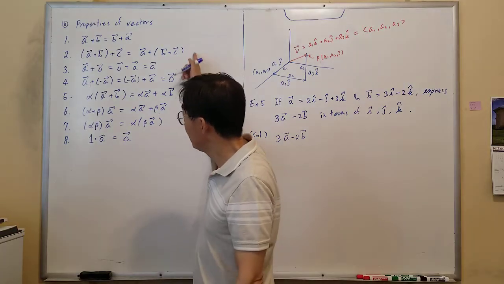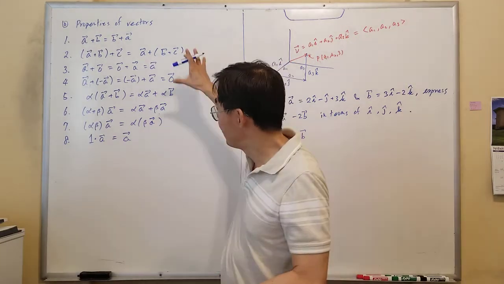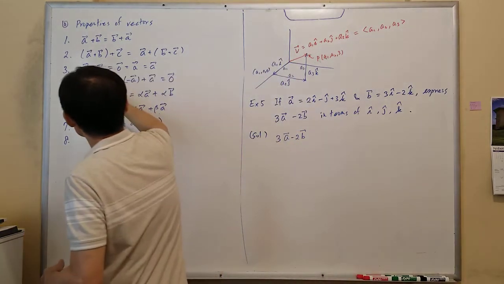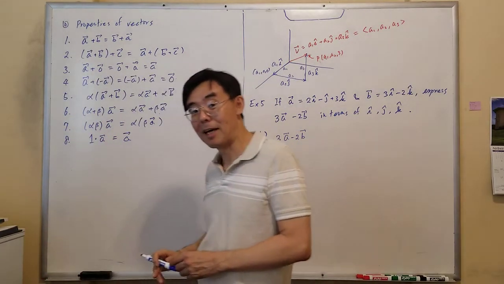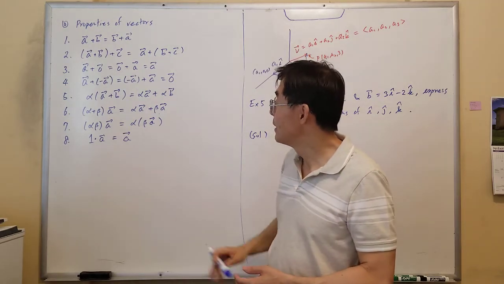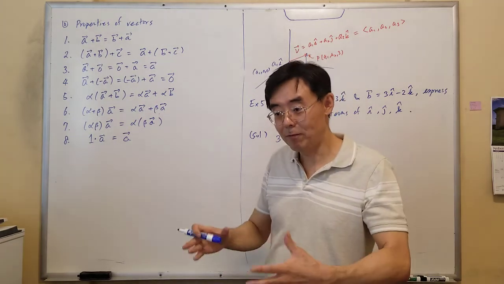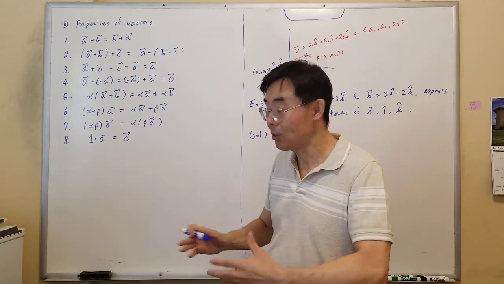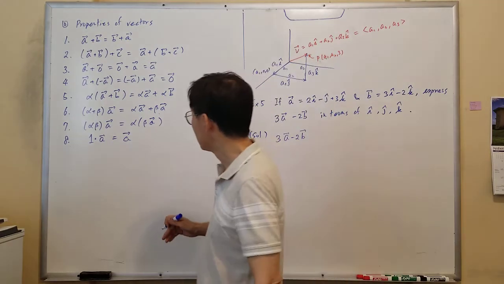In fact, these 8 form the definition of a vector space. These are the 8 axioms which define something as a vector space, a collection of vectors, as we know. All right?